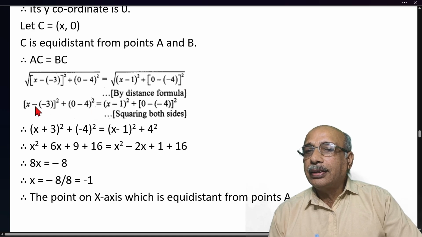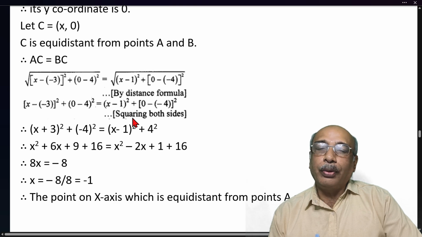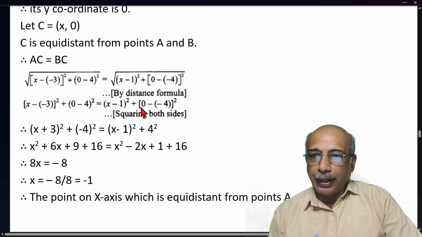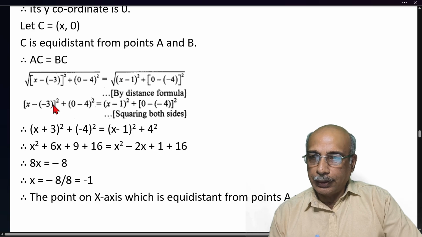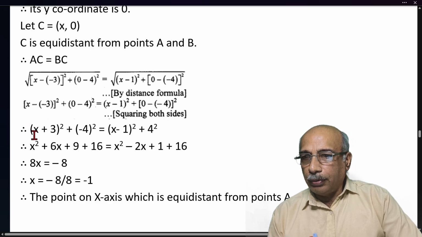Simplifying this, x minus minus 3 will be x plus 3. In this step we are squaring both the sides, so the square root on both the sides will be cancelled.